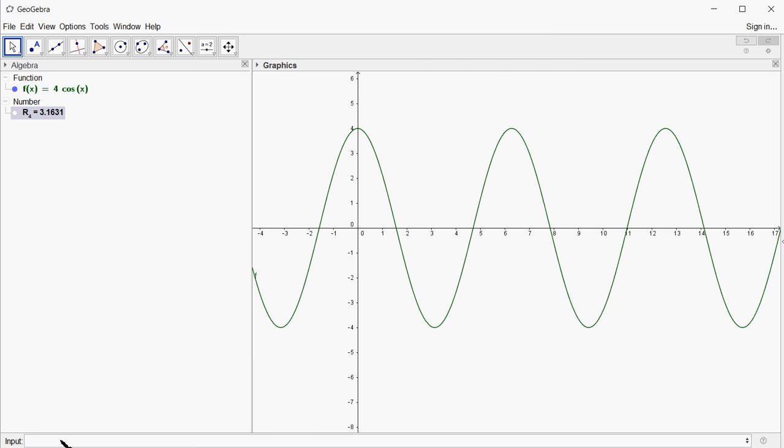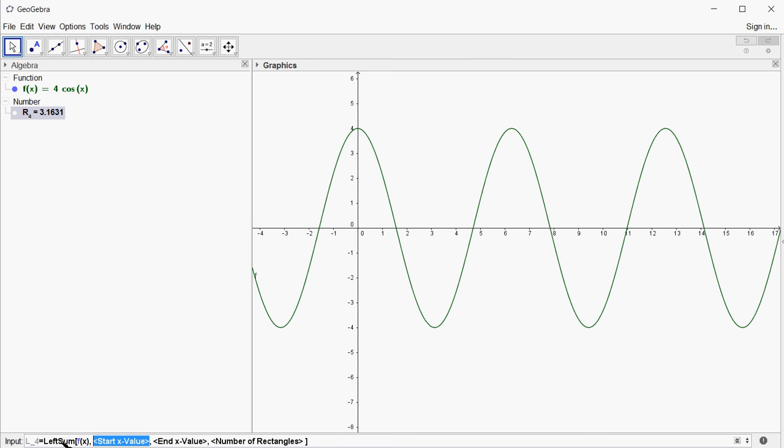What we want to find is L4. The command is LeftSum. The function is f of x, so we put that in.